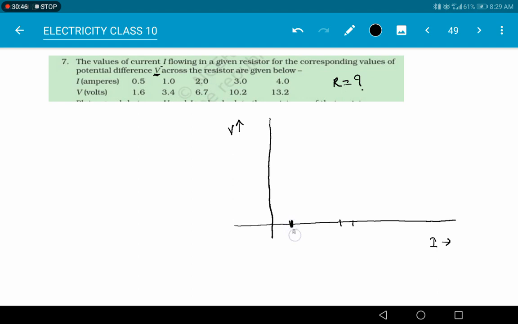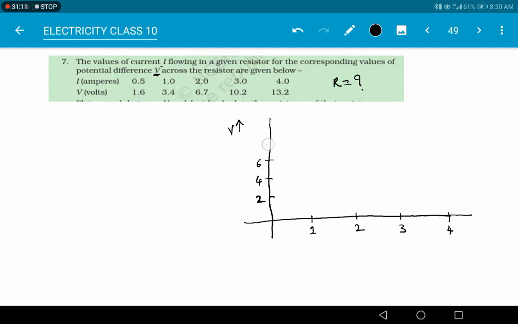Suppose this is 1, 2, 3, 4 along the x-axis, and along the y-axis we take 2, 4, 6, 8, 10, 12, 14.